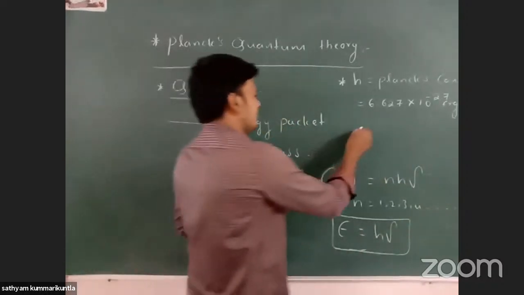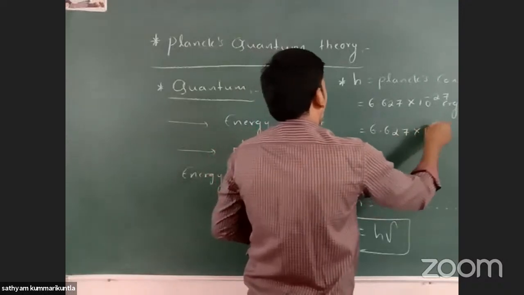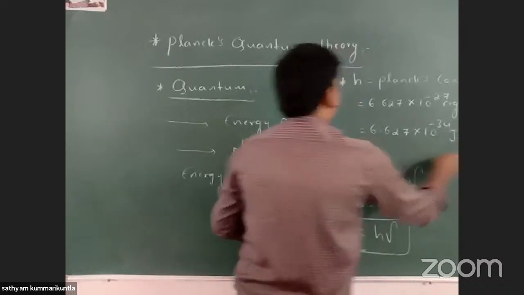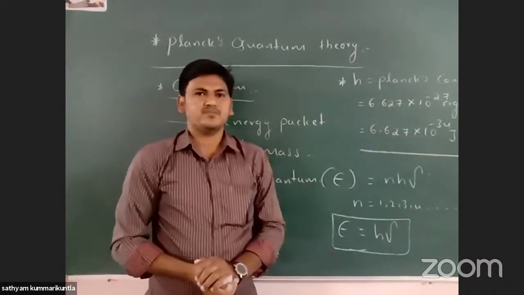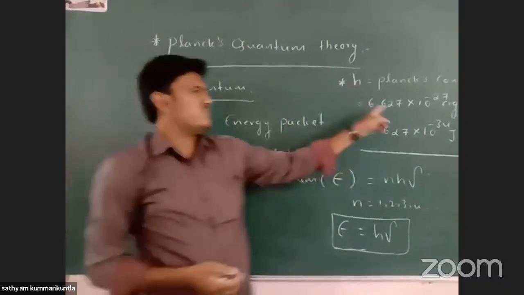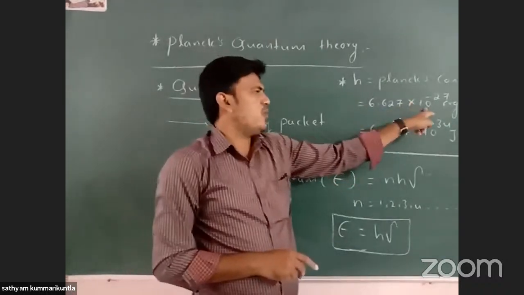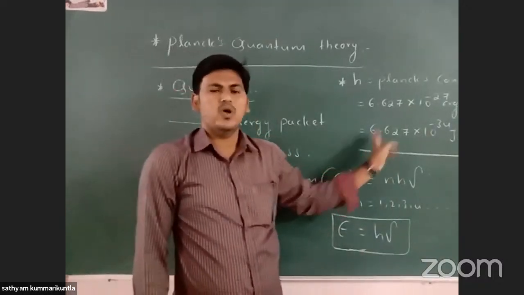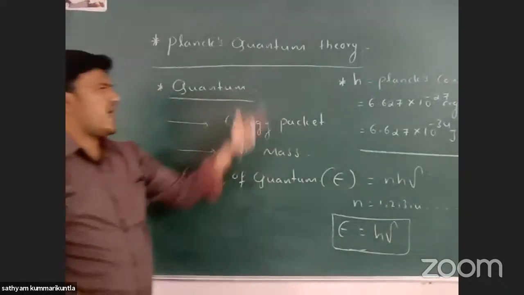And the second one is 6.627 into 10 to the power of minus 34 joule seconds. So these are Planck's constant values, approximately. So this is Planck's quantum theory.